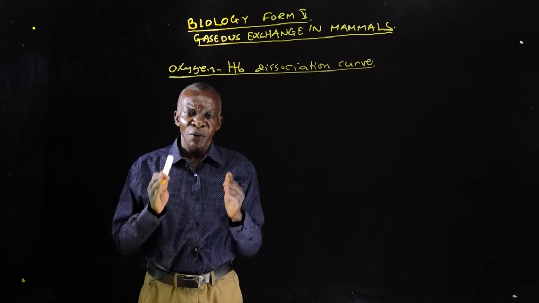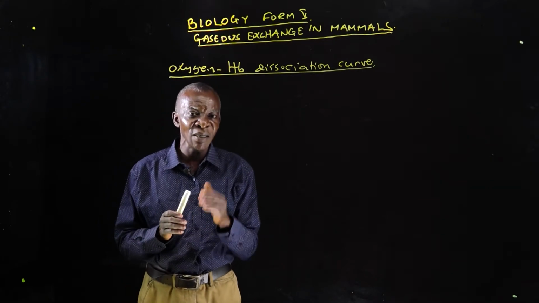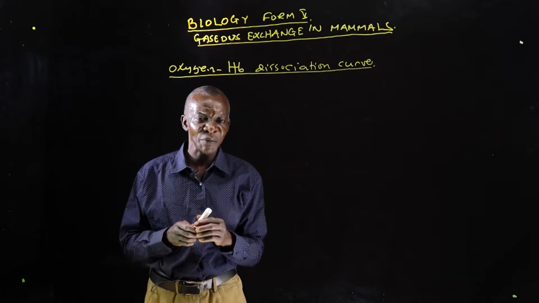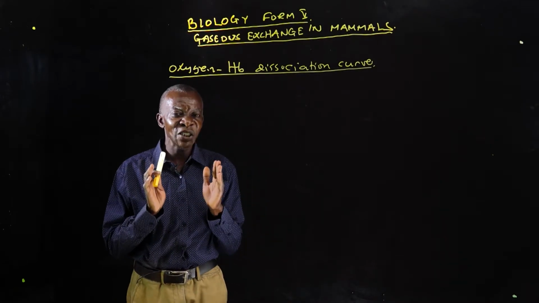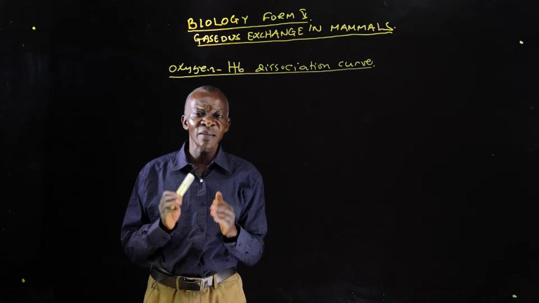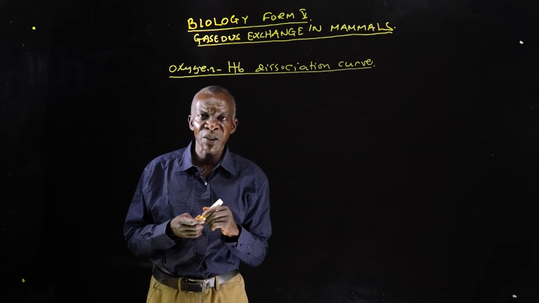Now, when this percentage saturation is plotted against the tension or partial pressure of oxygen, an S-shaped curve is obtained. And this curve is what we call the oxygen dissociation curve.